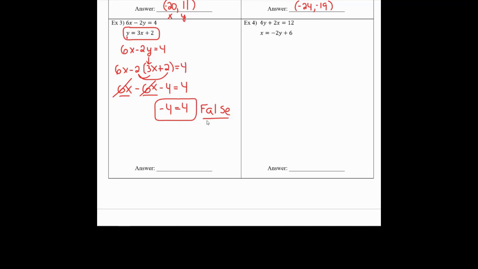Whenever you get a false statement, that means your solution or your answer will be no solution. Okay, in other words, if I was to graph this system, you will get two lines that are parallel. Okay, that's what it means.